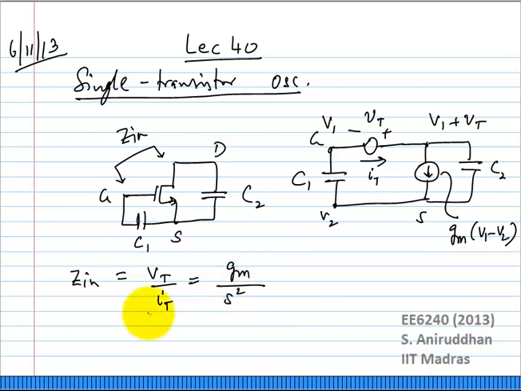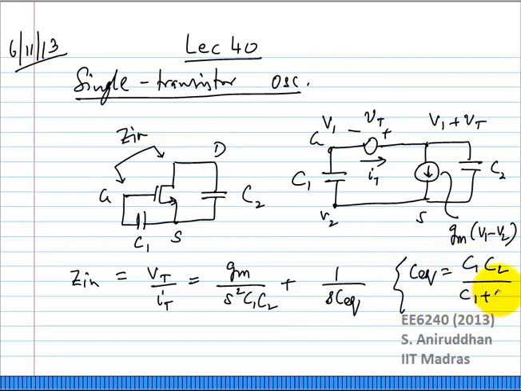First let's look at the Laplace domain. gm by S squared C1 C2 plus 1 over S C equivalent. C equivalent is C1 C2 over C1 plus C2. Okay, so this is what the input impedance looks like.